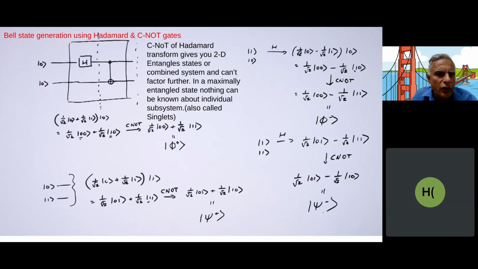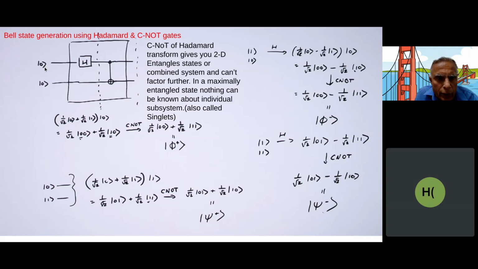But we will present it here for 2 qubits because that's the easiest way to understand Bell states. So if you look at this circuit, which is a Hadamard gate followed by the CNOT gate.